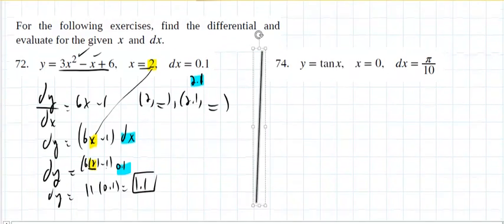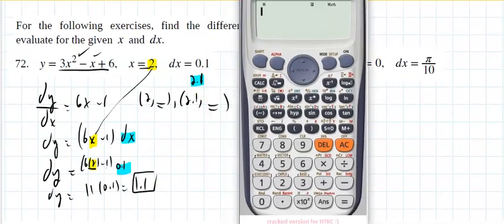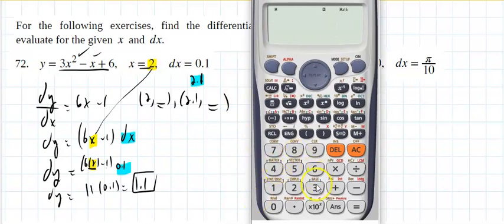I could show you that really quick. If I take y2, if I take 3 times 2.1 squared minus 2.1 plus 6 and subtract that from 3 times 2 squared minus 2 plus 6.